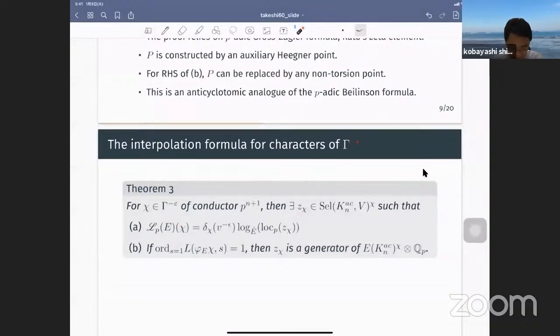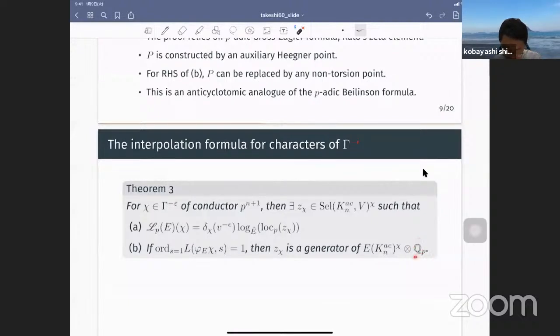And if the analytic rank is 1, then by Gross-Zagier and Kolyvagin, we know Sha is finite. We know the finite Sha, so Z chi lives in the Mordell-Weil group, but tensored with Q_p.